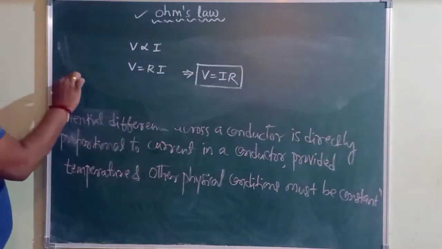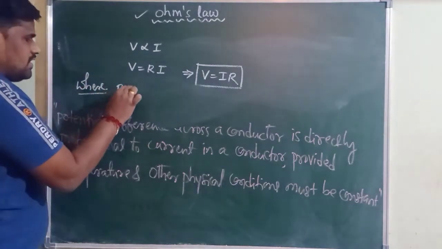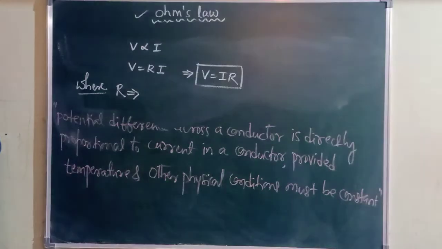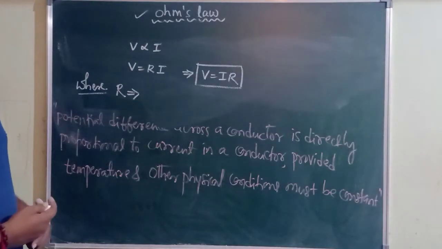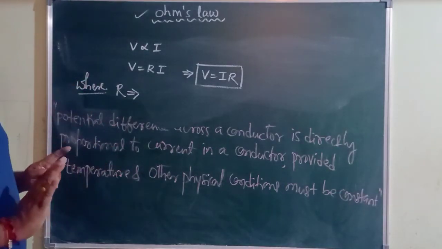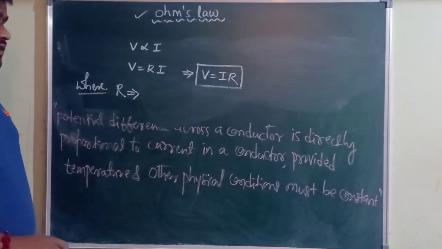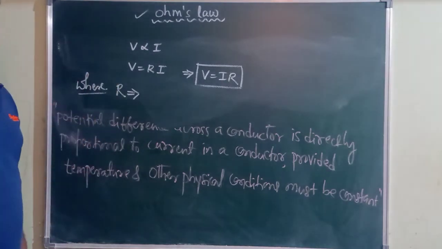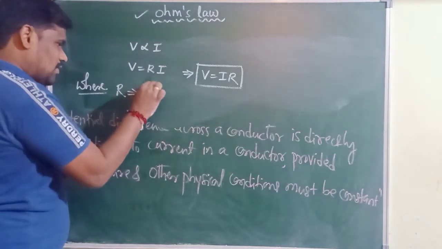As I said, what is R? R is a constant for a given material. For a given material, if the physical dimensions and temperature are constant, what property of that material is constant? Resistance is also constant. This is called what? Resistance.